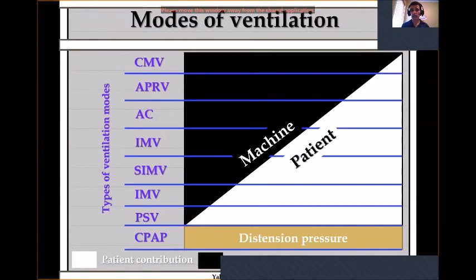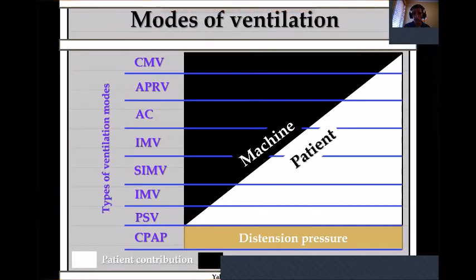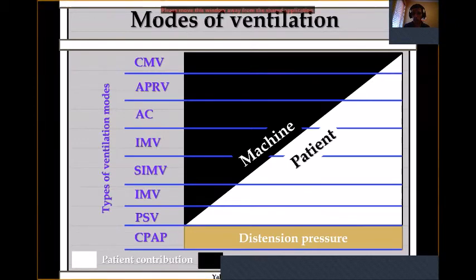Now, these are different modes of ventilation. This is CPAP, because you won't be able to give PEEP only in an intubated patient, and that's why we said CPAP here. This is distending pressure. The rest of the action is by the patient. The machine is not providing anything.